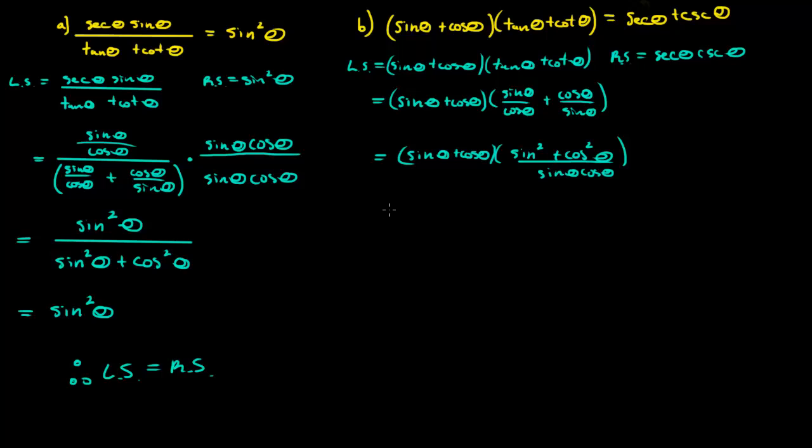And I know that sine squared theta plus cos squared theta, well, that's just equivalent to 1. So I have sine theta plus cos theta times 1 over sine theta cos theta.